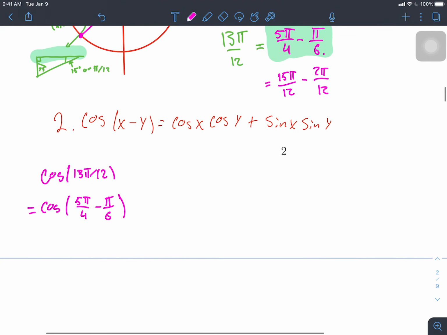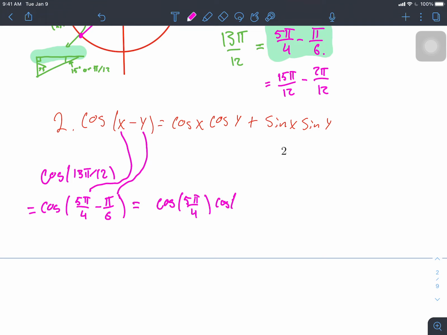And then in this case the x here is our 5 pi over 4 and the y here is our pi over 6. So I'll rewrite this as cosine of 5 pi over 4 times cosine of pi over 6 plus sine of 5 pi over 4 times sine of pi over 6.